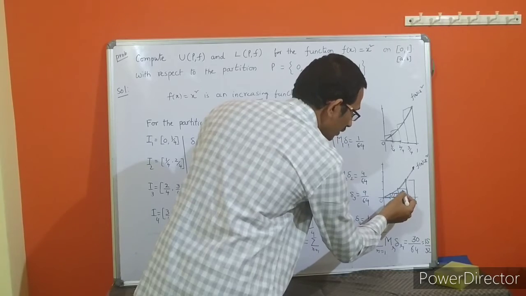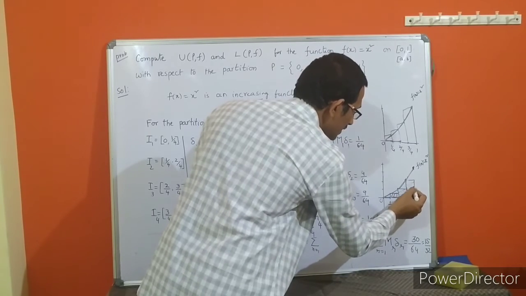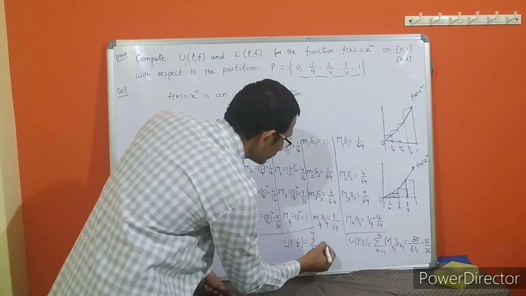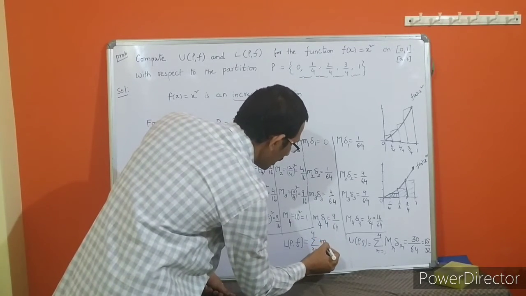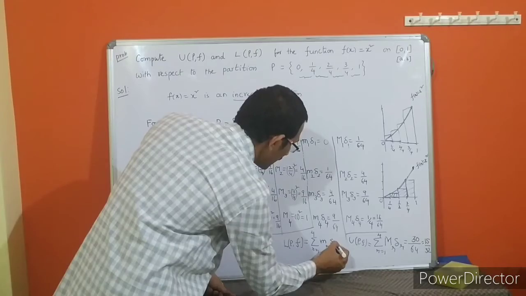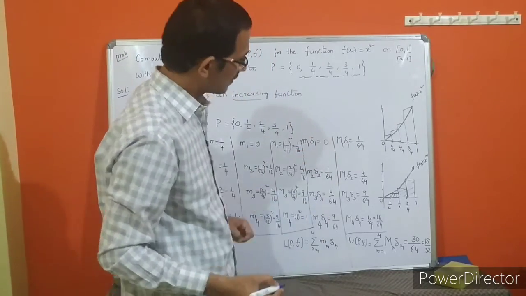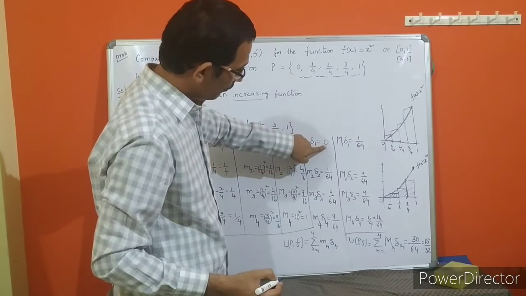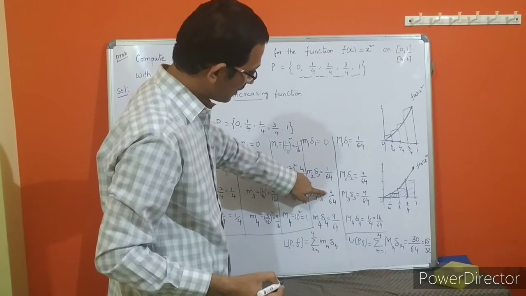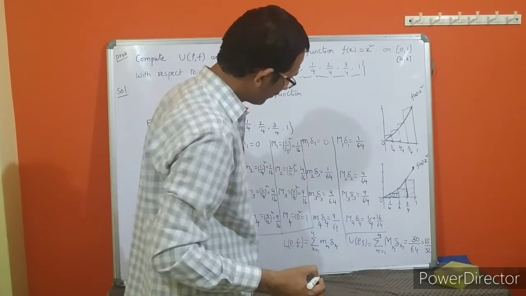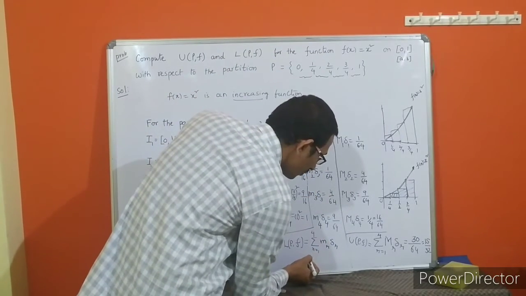This is 1, this is another one, and this is another one. You sum all the areas. So what you have to sum is small mr into delta r, where r runs from 1 to 4. That means you add all these: 0, 1 by 64, 4 by 64, 9 by 64. Total 1 plus 4, 5, 5 plus 9, what is 5 plus 9? 14.